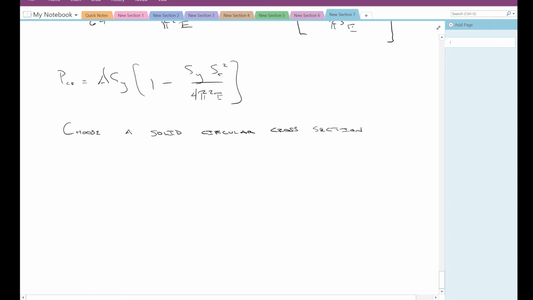We can replace these appropriate values, and we can say that area is equal to pi d squared over 4, from Appendix A, and that our P critical is also equal to n times our P allowable, right?